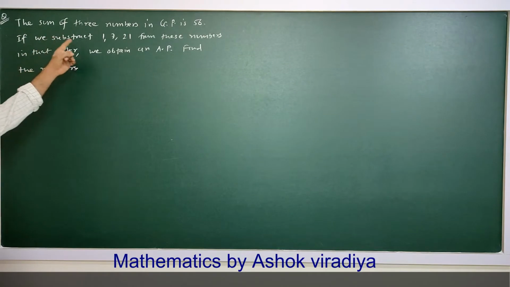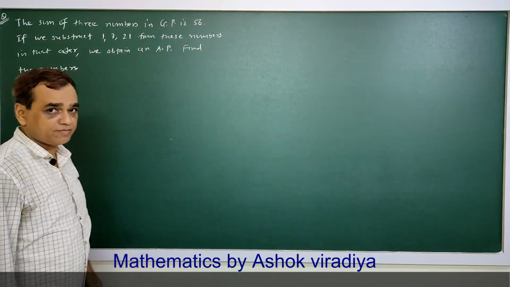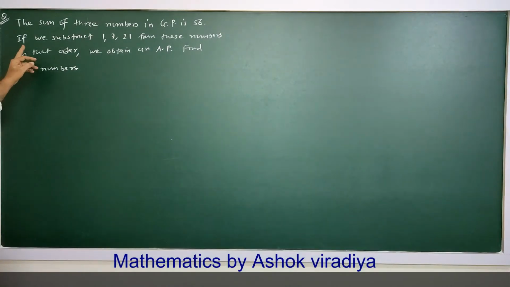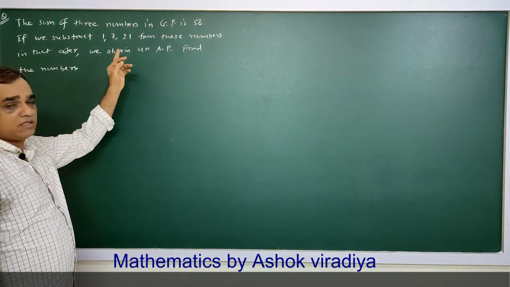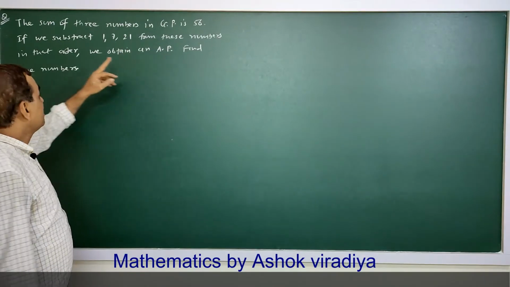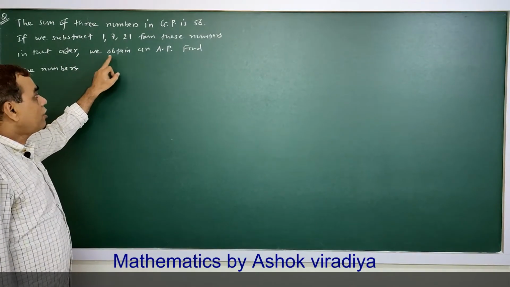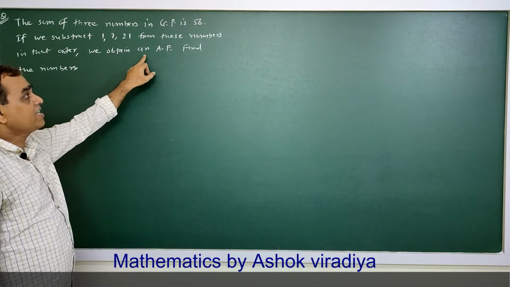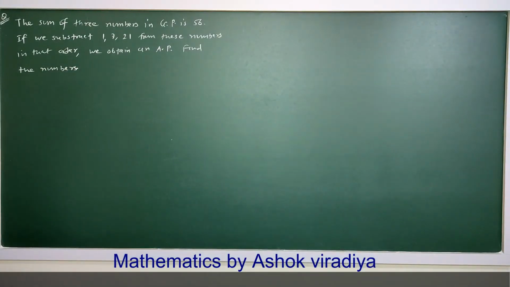The sum of three numbers in geometric progression is 56. If we subtract 1, 7, 21 from these numbers in that order, we obtain an arithmetic progression. Find the numbers.